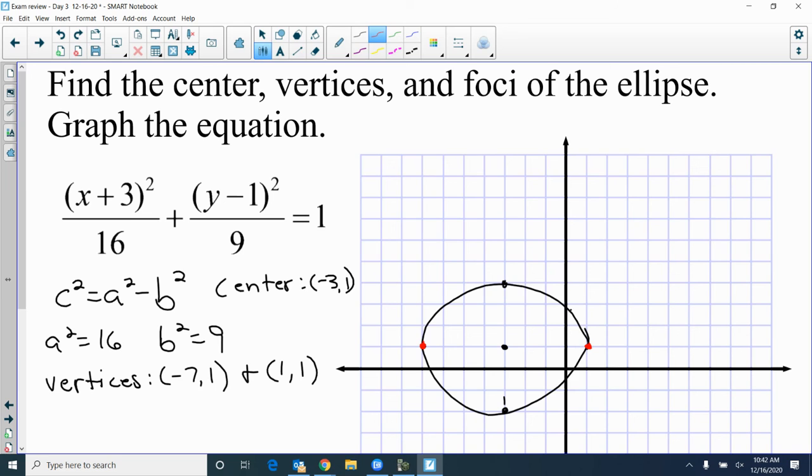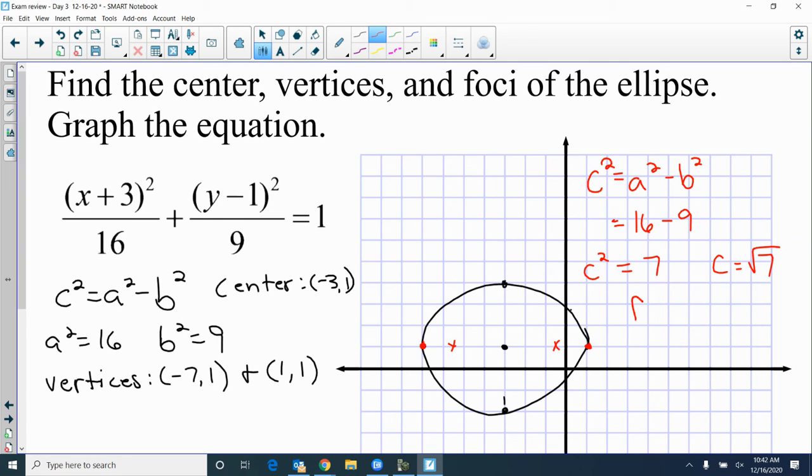C squared equals a squared minus b squared, which is 16 minus 9. C squared equals 7. C equals the square root of 7. What's that? 2.6. So about 2.6 to the left and 2.6 to the right.